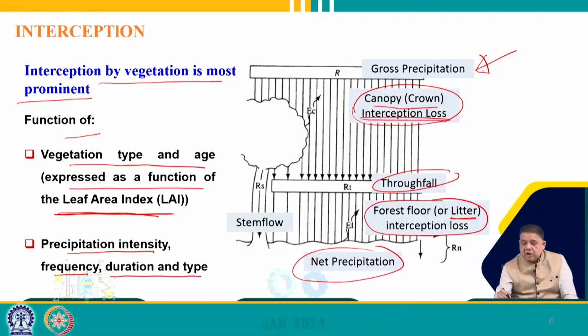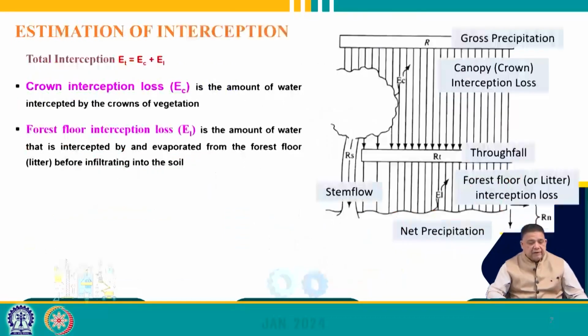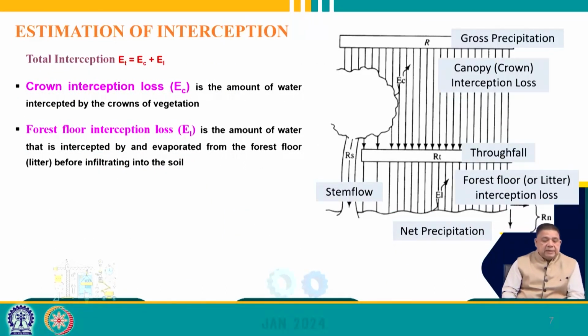So, from gross precipitation there will be canopy interception loss and forest floor interception loss. As far as estimation is concerned, the total interception has two components, ET equals EC plus EL.